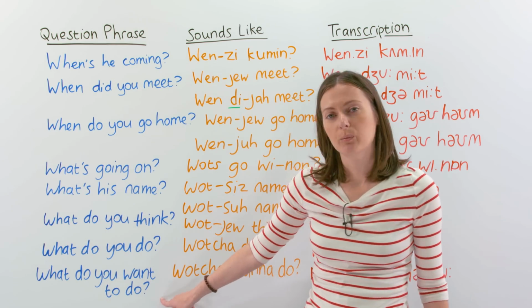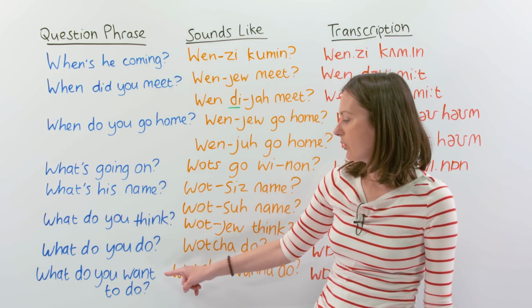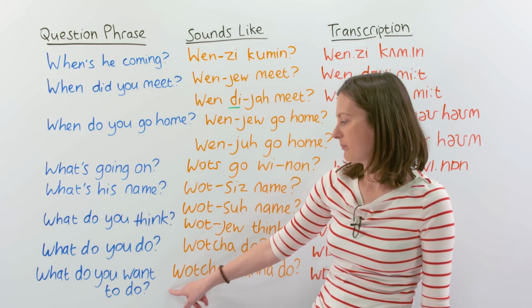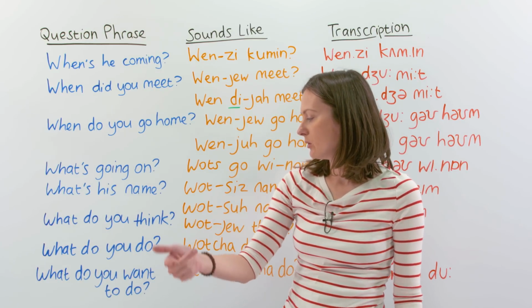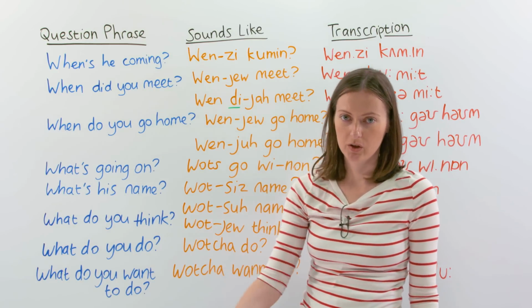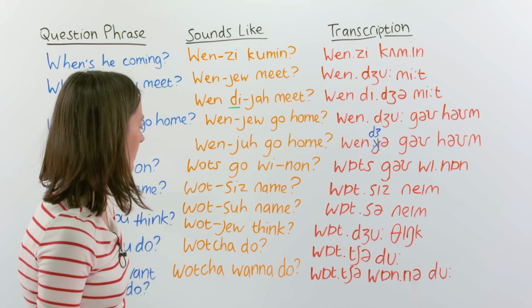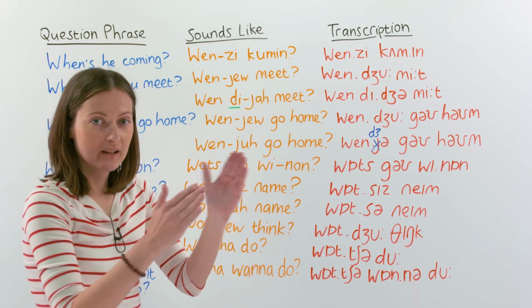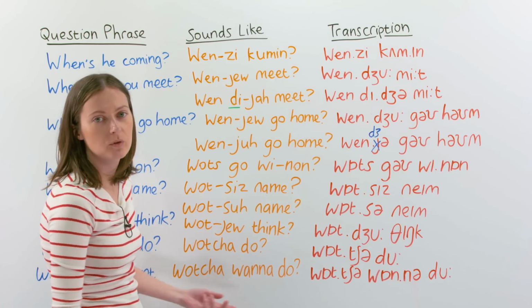Looking at the last example now, what do you want to do? How many sounds in that one? What do you want to do? Six syllables. I'm a native speaker, I don't say it that way. I say, what do you want to do?